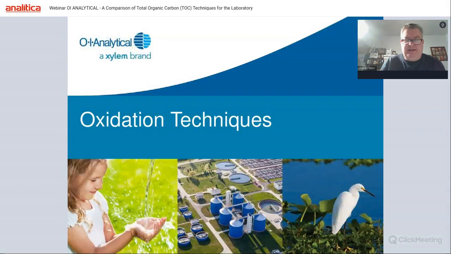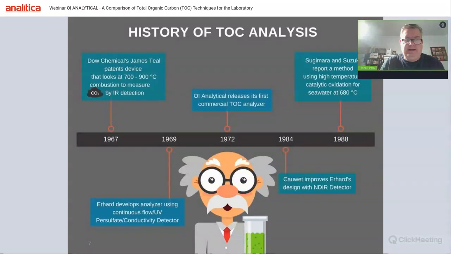Here we'll talk about the oxidation techniques, and also pop in a little bit on the history of TOC analyzers. This is the first of the timeline, where back in 1967, Dow Chemical had started to do some work with a device that was 700 to 900 degrees C combustion with infrared detection.